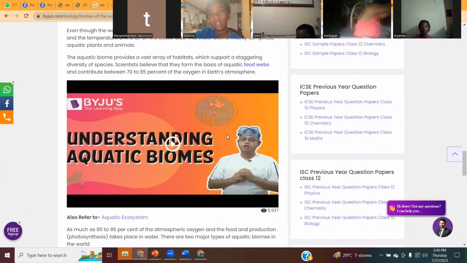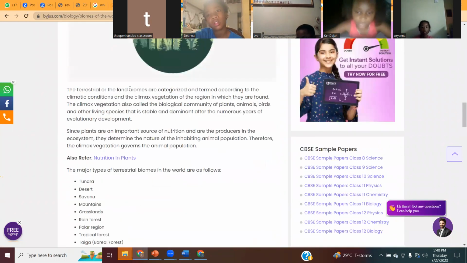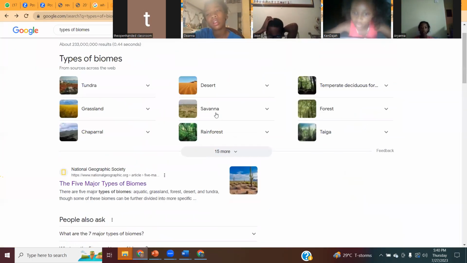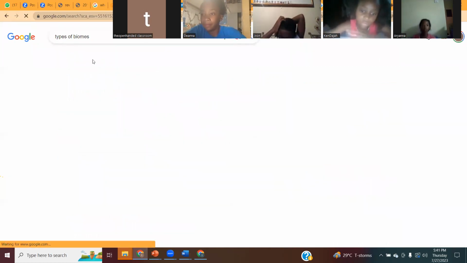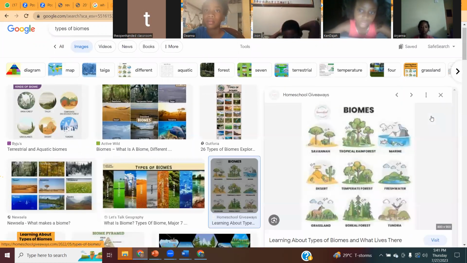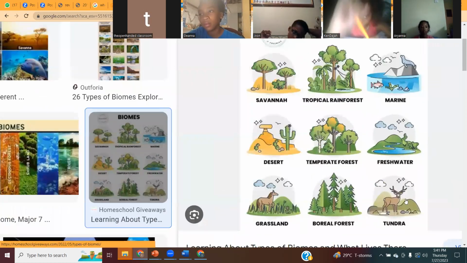Aquatic biomes. Okay. So there's various tundra, desert, savanna, tropical rainforest, stuff like that. Those are different biomes where different plants and animals live, depending on their characteristics.